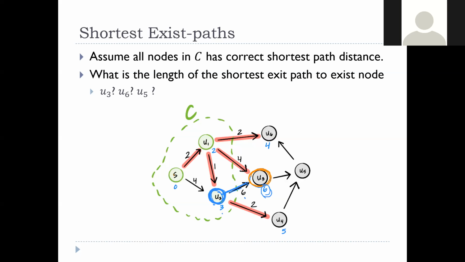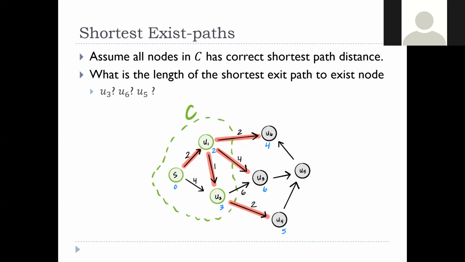That means that, just because of the way the algorithm performs, this estimate we have here is intuitively the shortest exit path length to go from S to U3 at this point. So this is the intuition. We're not going to prove the correctness of the Dijkstra algorithm formally. I just want to make sure that you understand the intuition.